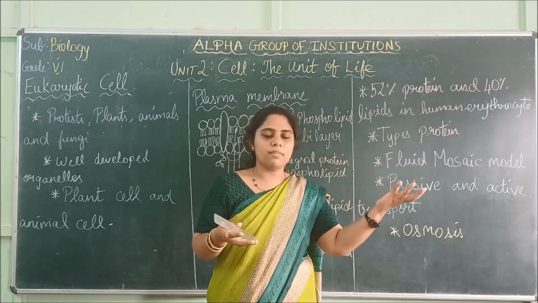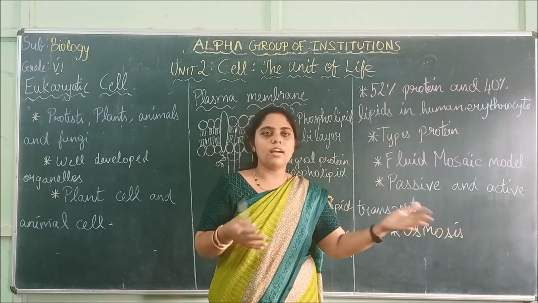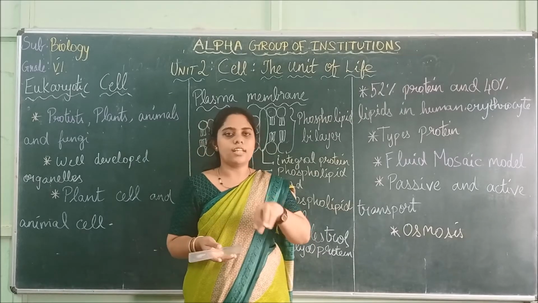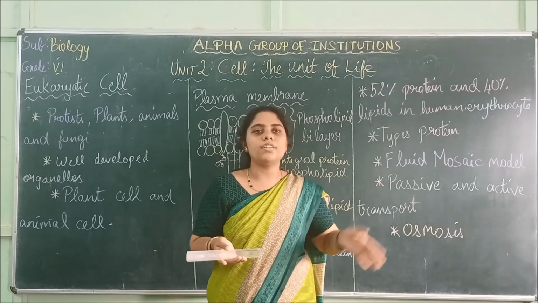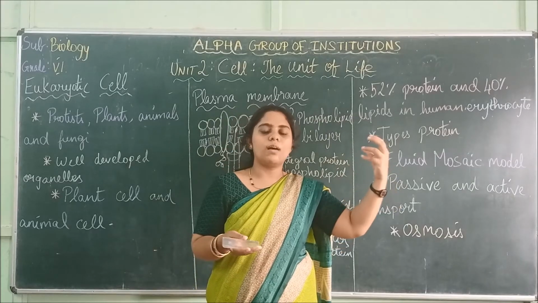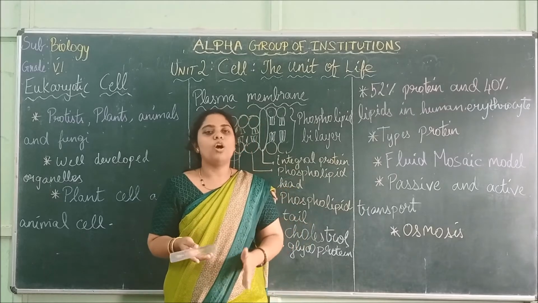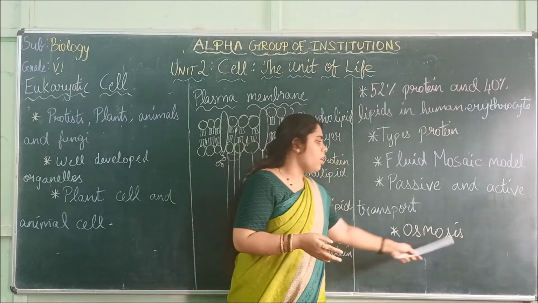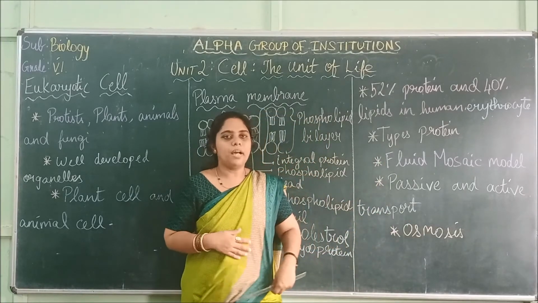Take sodium: the salt content is very high outside, whereas inside the cell it is very low. So this is a lower concentration and outside is the higher concentration. The movement of elements comes from a region of higher concentration to a region of lower concentration. This movement is called osmosis. So these are the things that come under plasma membrane.